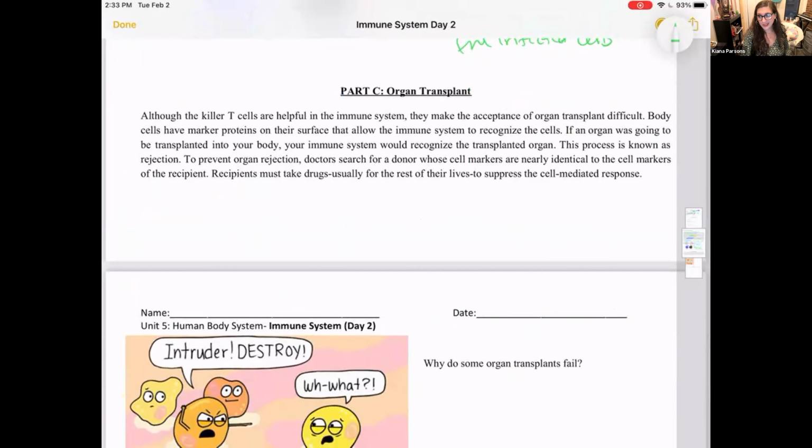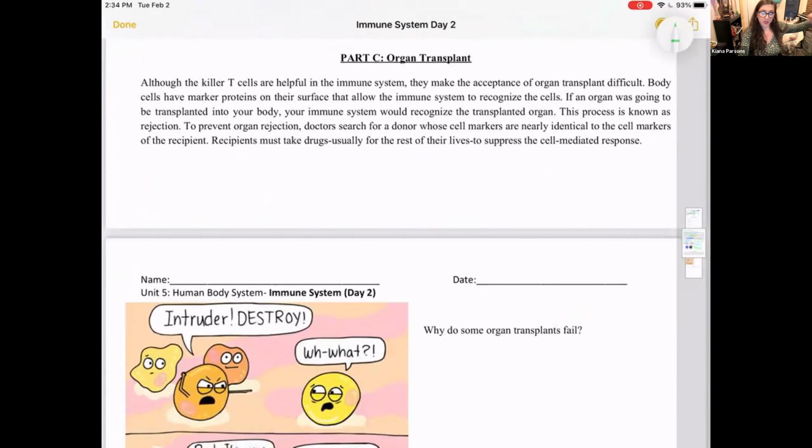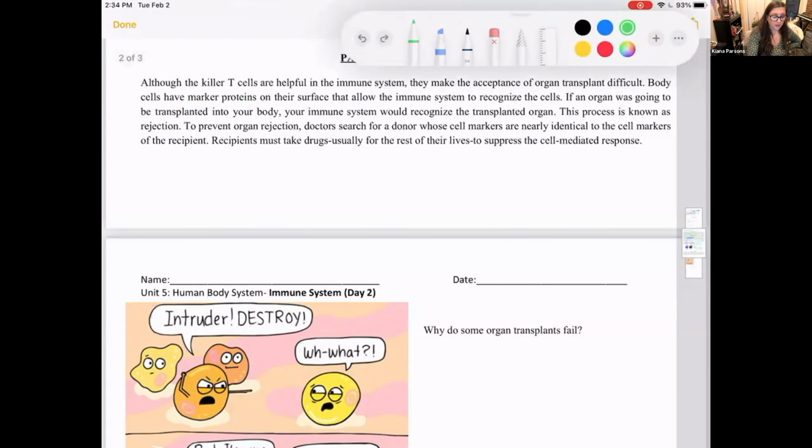But sometimes our immune system is a little bit too strong. Let's talk about organ transplants. Although the killer T cells are helpful in the immune system, they can make the acceptance of organ transplant difficult. Body cells have marker proteins on their surface, just like antigens, right, are marker proteins.